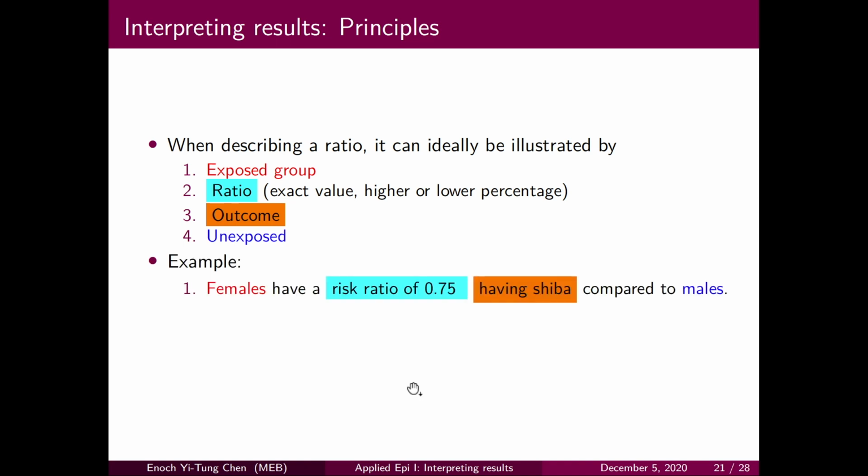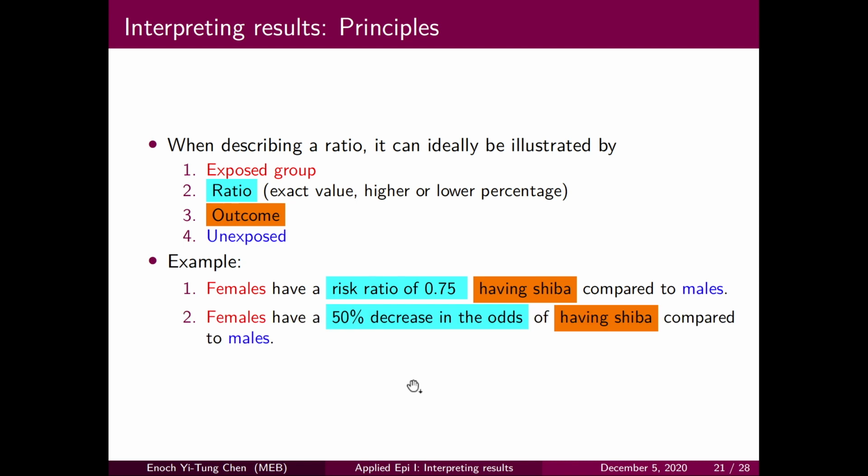Example: females, the exposed group, have a risk ratio of 0.75 of having Shiba, the outcome, compared to males, the unexposed group. Another example for odds: females, exposed group, have a 50% decrease in the odds of having Shiba, outcome, compared to males, unexposed.